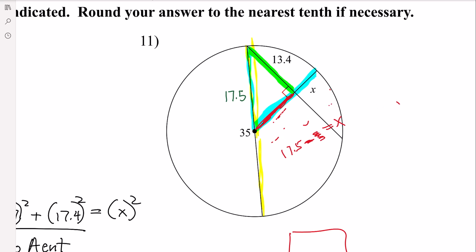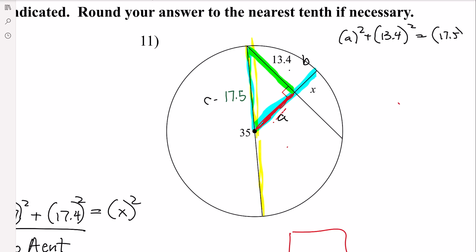So let's go ahead and do that now. So I'm going to type in, since we already know, let's call this your B. Let's call A is missing. This is your C. So A squared plus 13.4 squared is equal to 17.5 squared. Well, we want to get the A squared by itself.